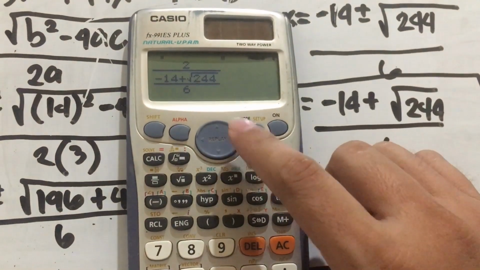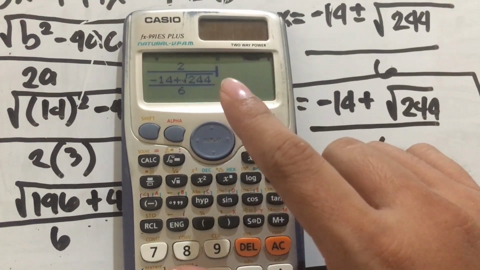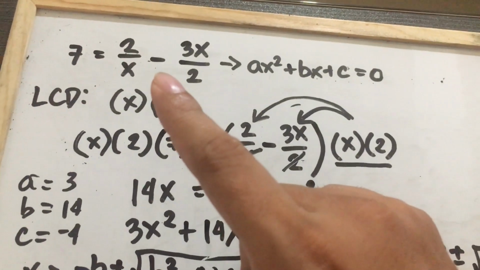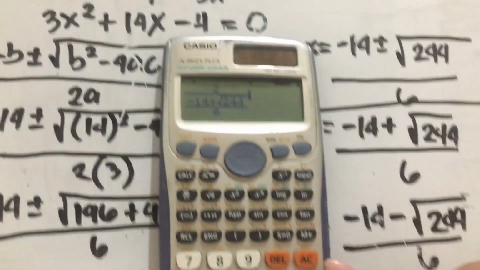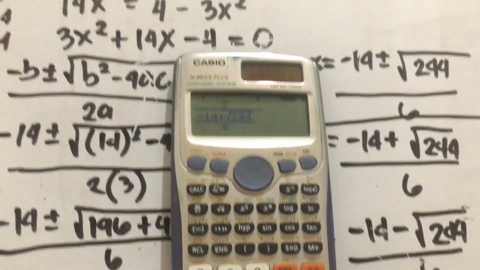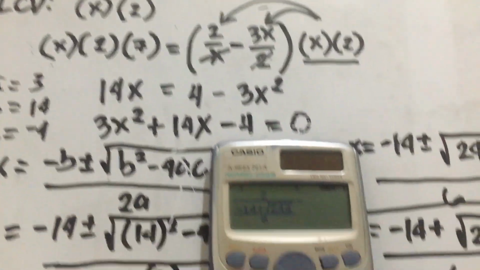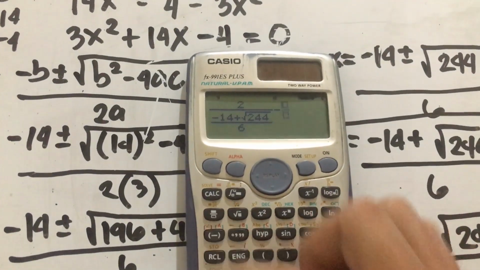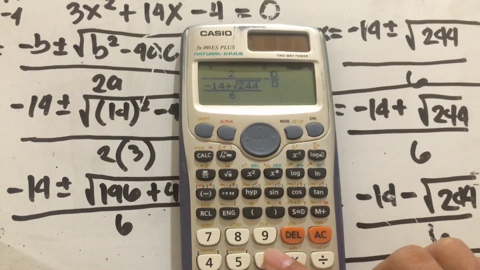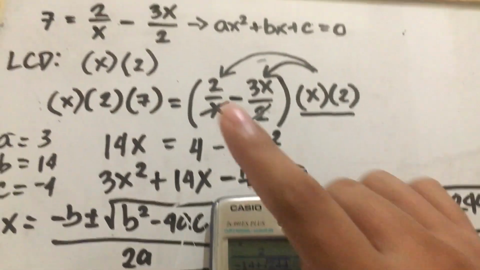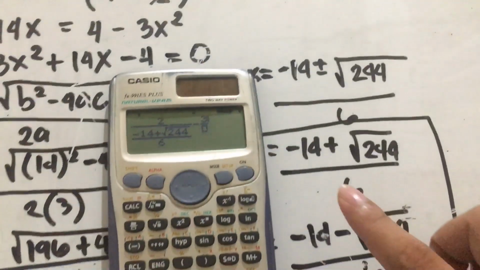Okay, then press this one. Okay, we will arrive at that point, which is minus. So put the minus sign, and that's again 3x over 2. So that is also again a fraction. That is 3. And your x, again, is this one.